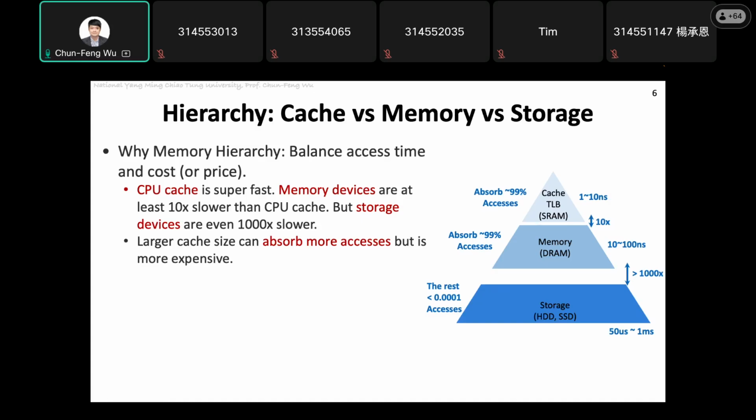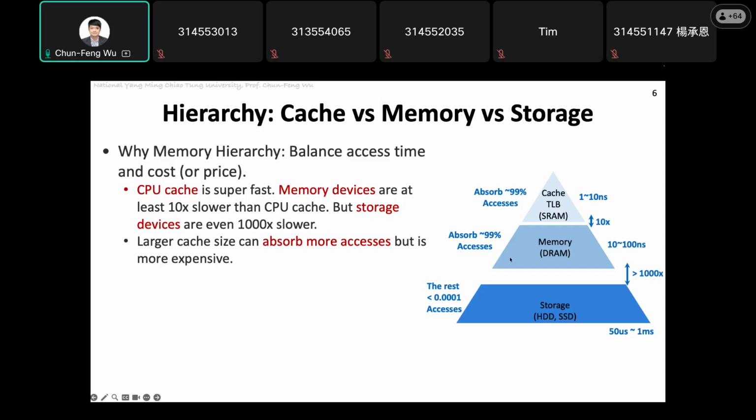Spatial locality means that when you are going to access data, for example, when you write your code, maybe you declare an array, and when you access the array, you access it in a very regular pattern. For example, you will always access the next array slot. This is called spatial locality. And temporal locality means you will access the same data again in the near future.